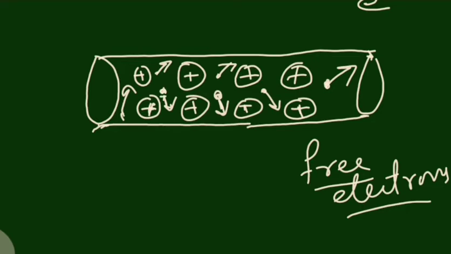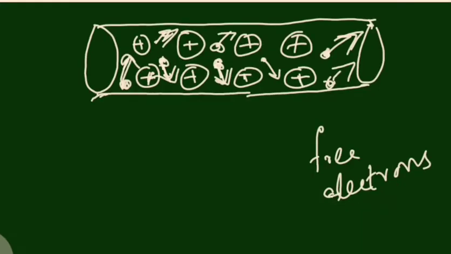If we are not connecting the wire to any cell, then all the electrons will randomly move in any direction, and as a result they don't have a definite direction of movement. If one electron is moving in one direction, the other may be moving in another direction. So there is no arrangement for the movement of electrons.